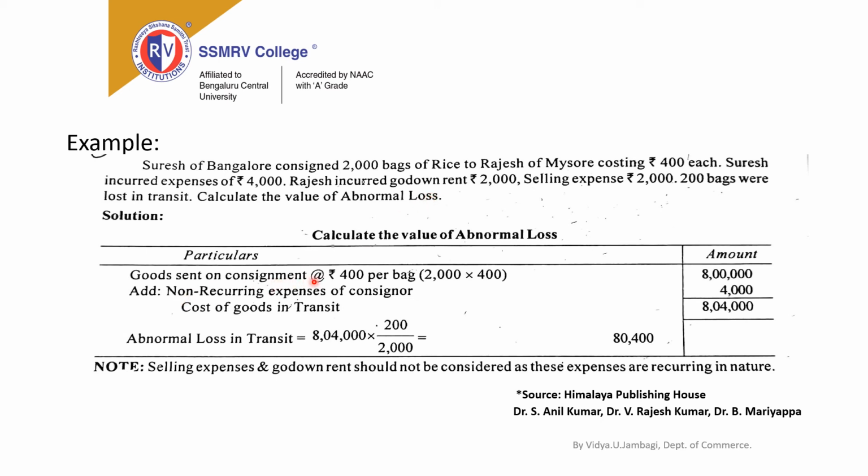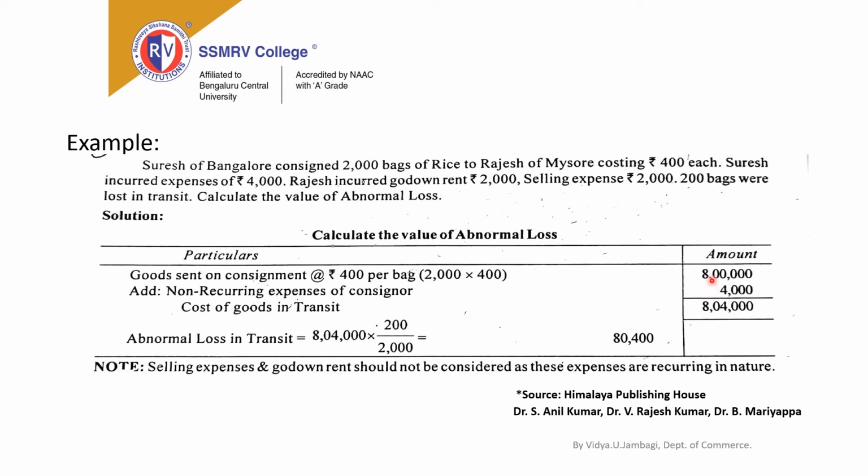Goods sent on consignment is 2000 bags costing rupees 400 per bag. So that comes to rupees 8 lakhs. To this we add the non-recurring expenses of the consignor, which is 4000. As we understand, non-recurring expenses are the direct expenses which add to the value.